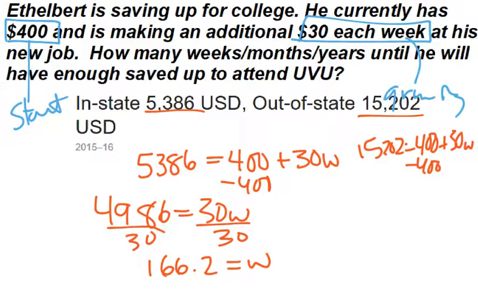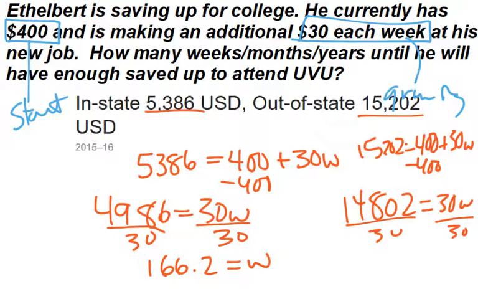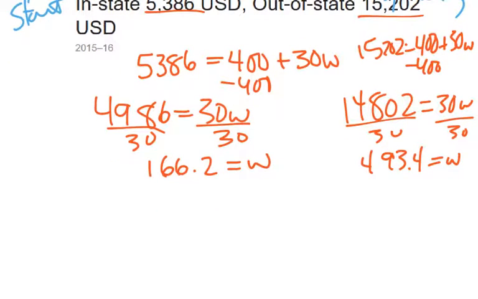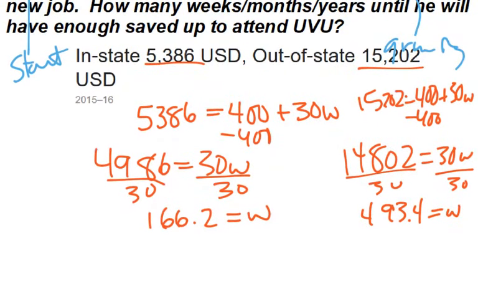Now if we did the other one, 15,202 minus 400, gives us 14,802 equals 30W. Divide by 30. We get 493.4.